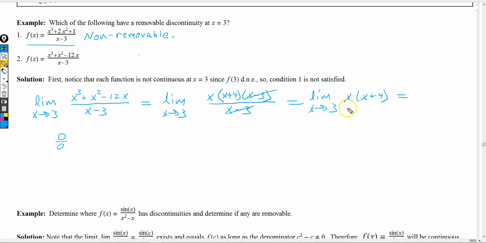I get 3 times 7, or 21. So this function has a removable discontinuity because the limit does exist. So this has a removable discontinuity at x equaling 3.